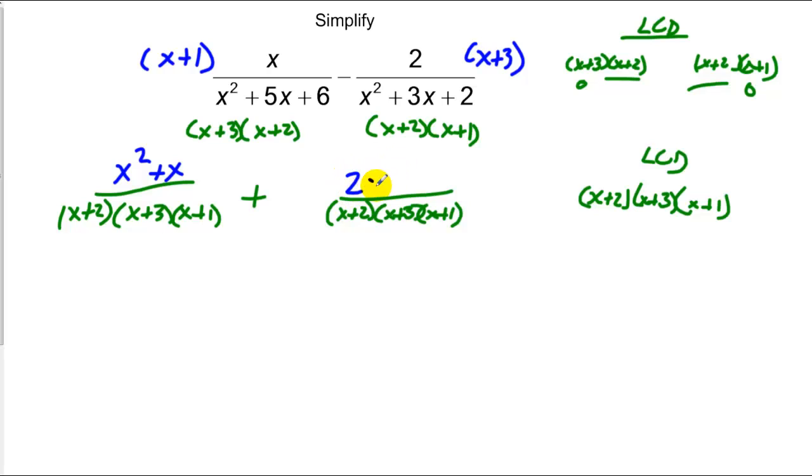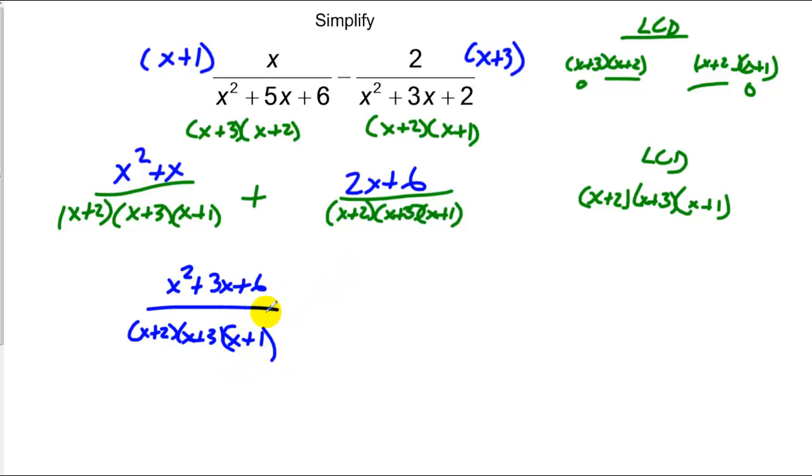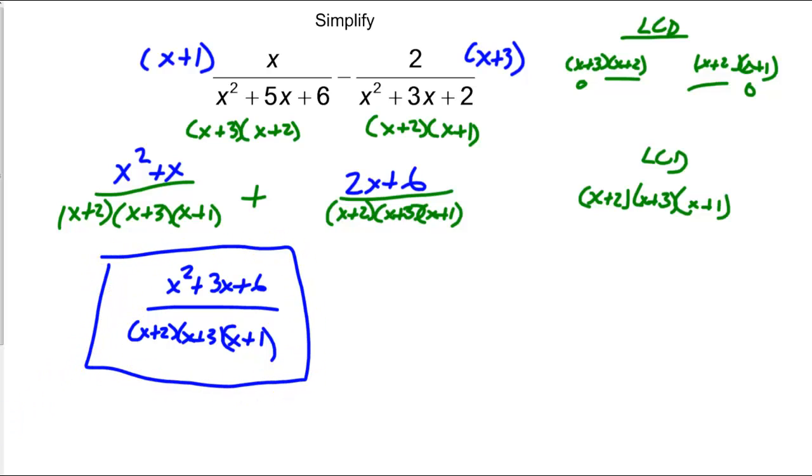Second term gets me 2x plus 6. Add like terms, x squared plus 3x plus 6 over x plus 2 times x plus 3 times x plus 1. You'll notice this doesn't factor, so that will be my solution because there will be no common factors left.